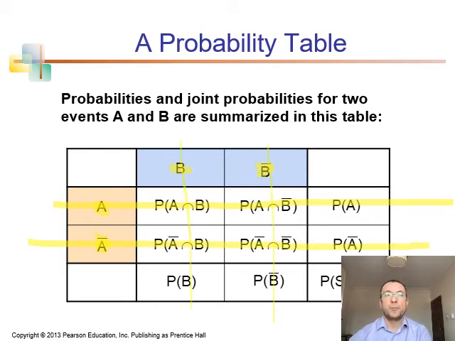Now, A intersect B. The probability of this event will be on this corner, P(A intersect B).